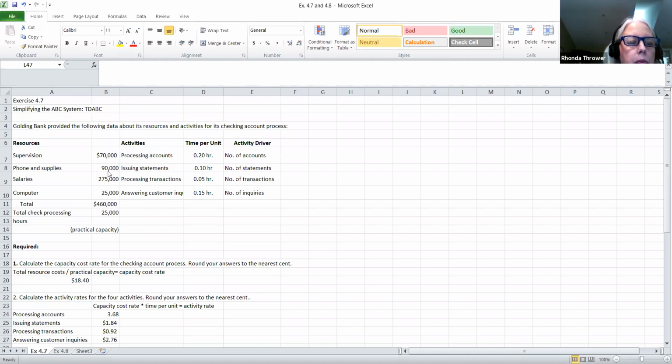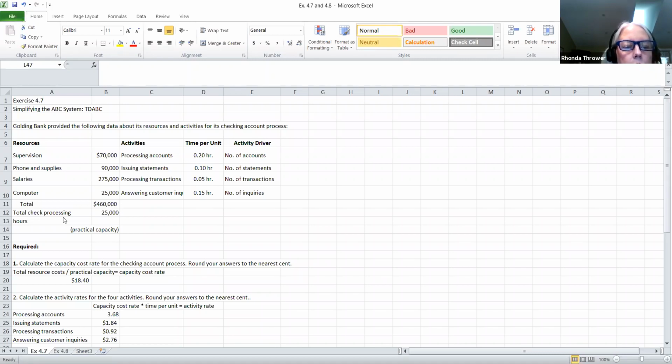The overhead cost will be for supervision, phone and supplies cost, which is $90,000, and salaries of the other employees that we're working with at the bank that are part of the check processing, which is $275,000. We also utilize a computer that cost about $25,000. If you add up all your resources together, the total amount of the overhead that we're going to want to distribute between each one of these activities is $460,000.